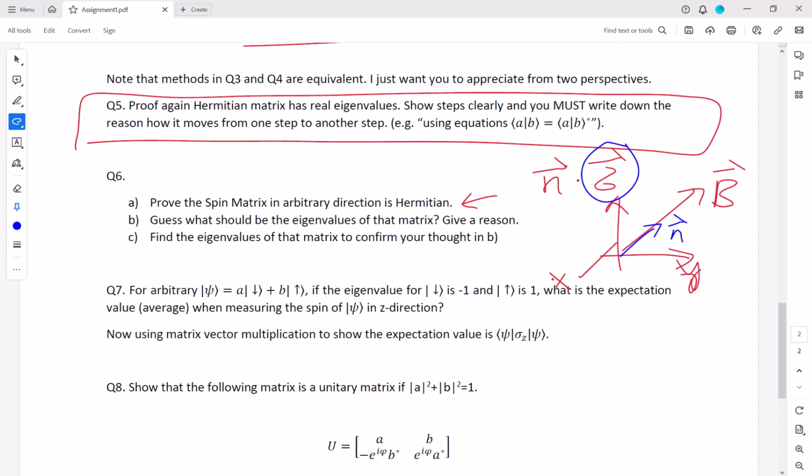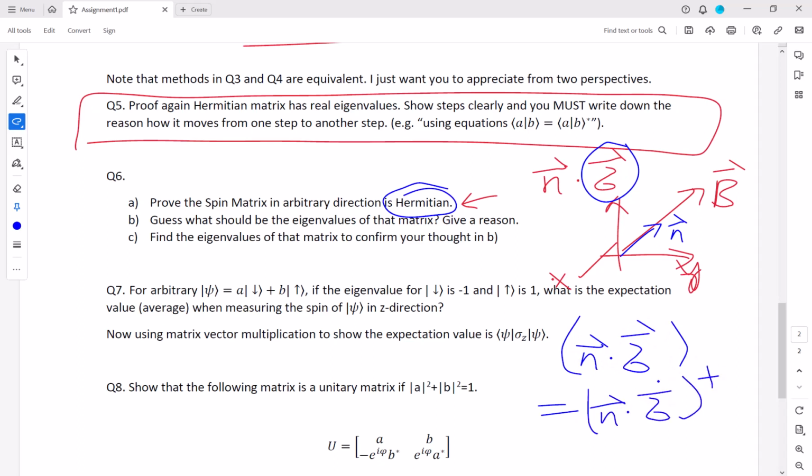I clearly say what sigma is, the vector of sigma x, sigma y, sigma z, so n dot sigma is a linear combination of them. I want you to prove that it is Hermitian. What does it mean? I want you to prove that n dot sigma equals n dot sigma dagger. And we already showed what n dot sigma is in matrix form in the slide. Take a look. I want you to spend time to look at the lecture notes.